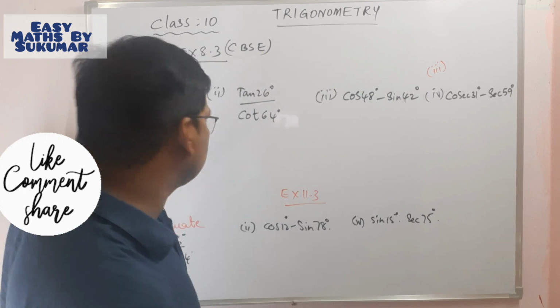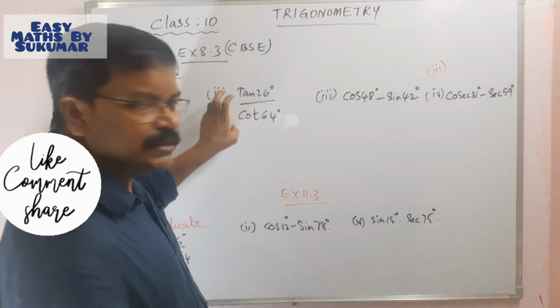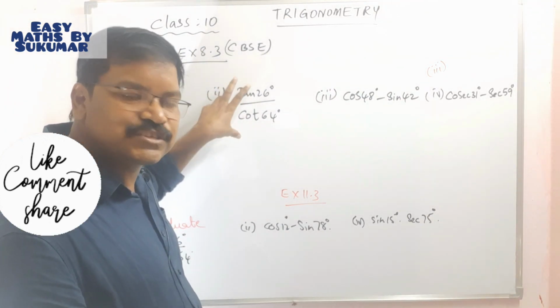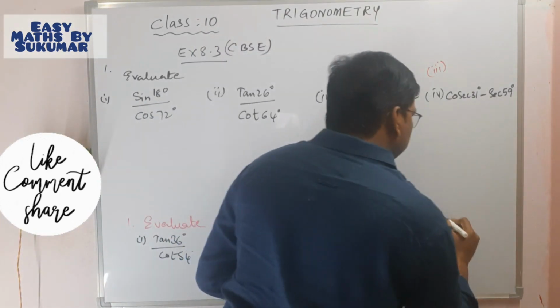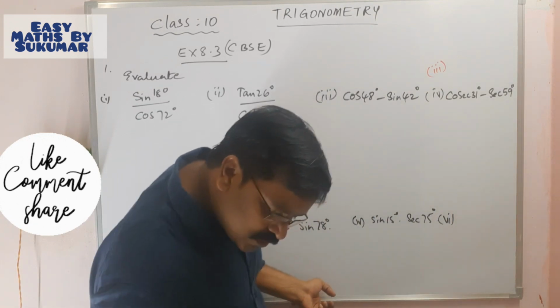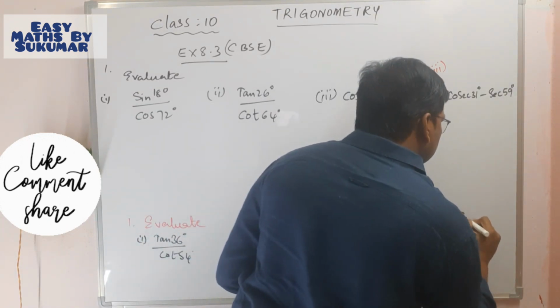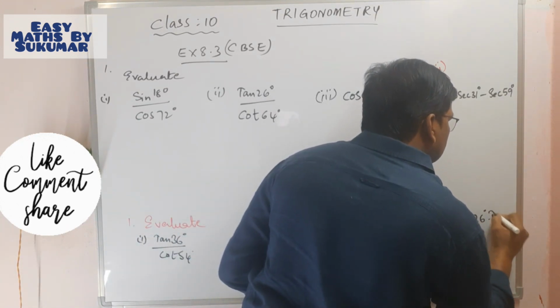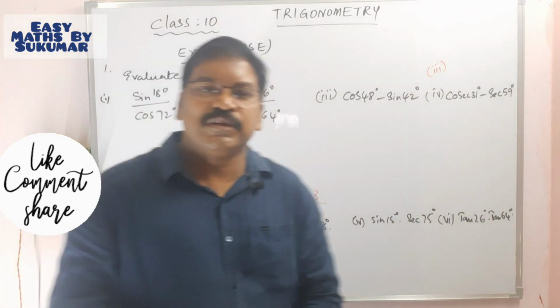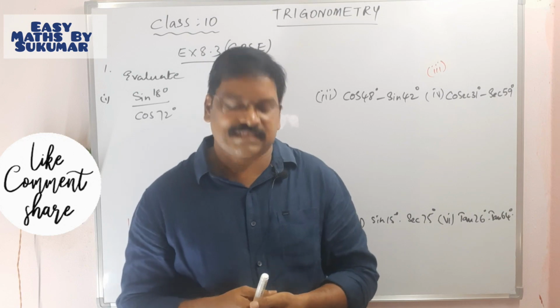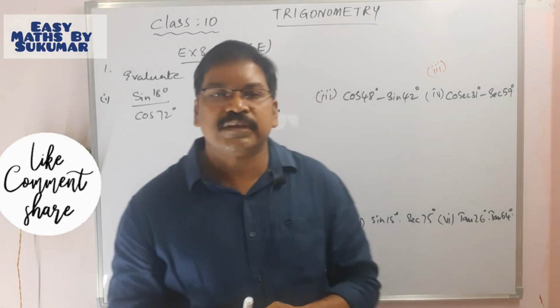Tan 26 into tan 64. Actually, here it is given in fraction, but here it is given, the sixth question, as a product. Tan 26 degrees into tan 64 degrees.